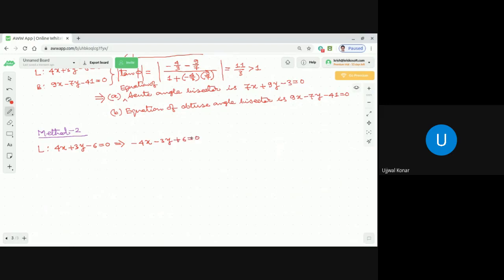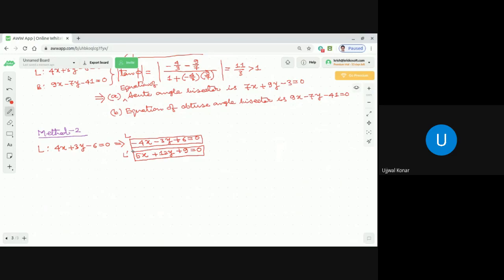This is one equation. And the other equation given is 5x plus 12y plus 9 equal to 0, and here we don't need to make any changes. So this is the equation L, and this is L dash.